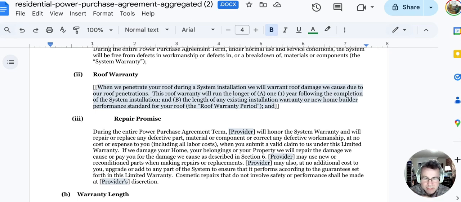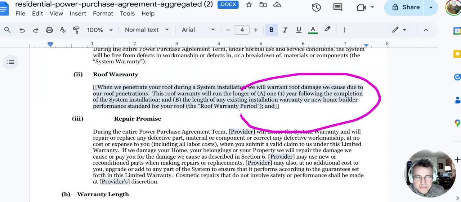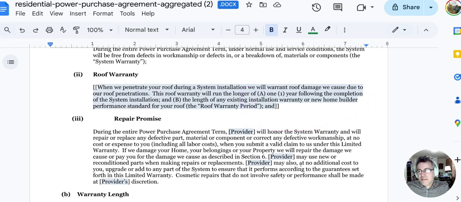So when this company will install the solar panels on your roof and they say it's the longer of 1 year or the builder's warranty, it will probably be 1 year. And another thing to consider is, you definitely have to vet the person installing it, because if there's a problem with it, your house is 3 years old, they put the roof panels, and then all of a sudden it starts leaking.